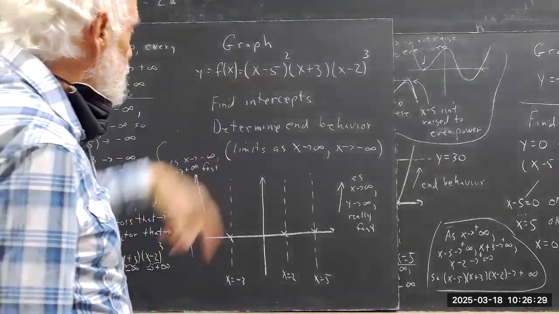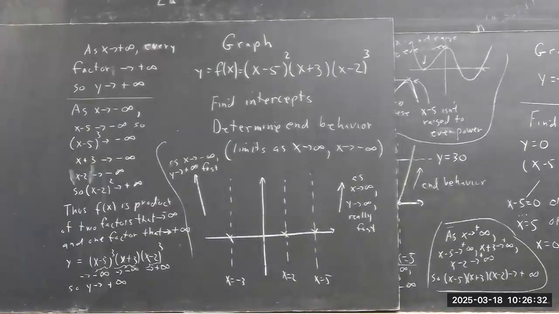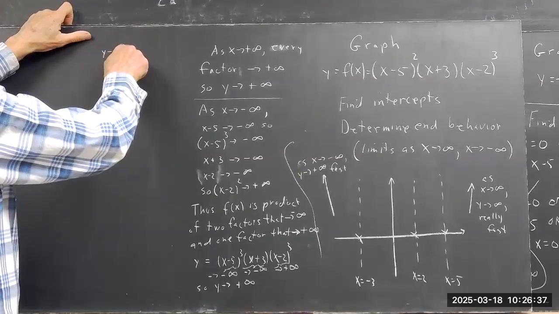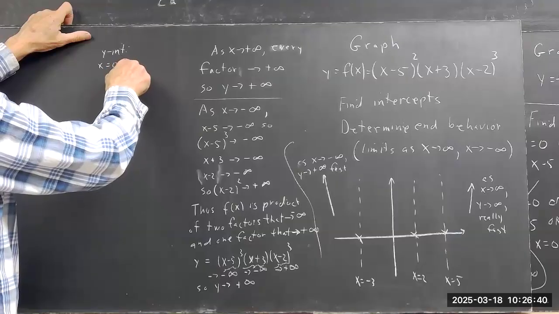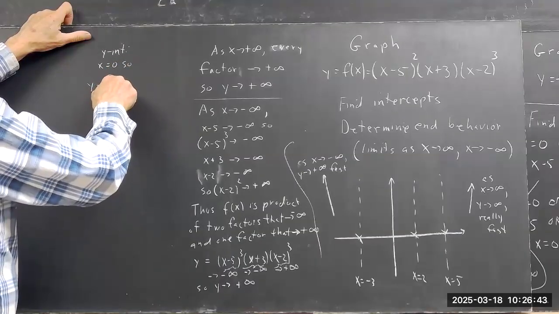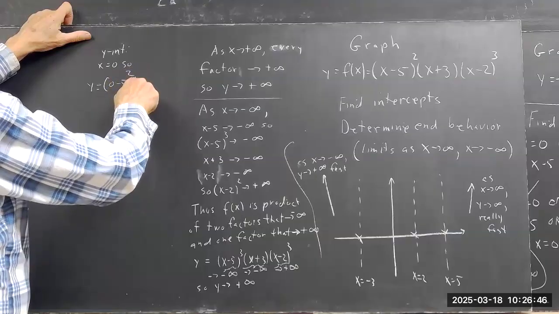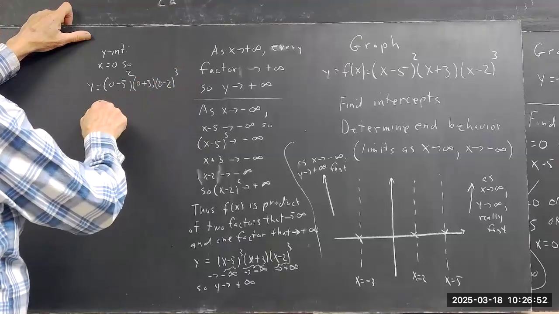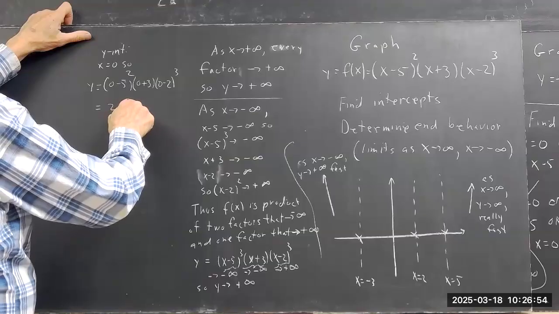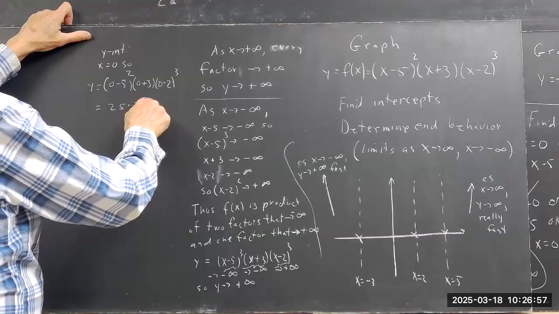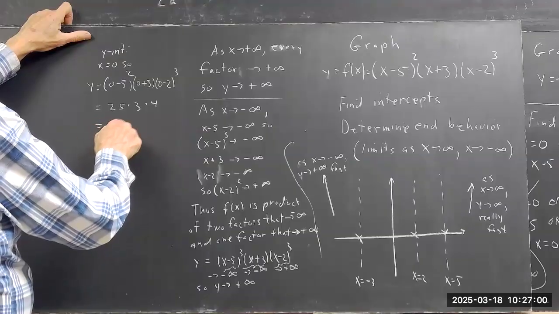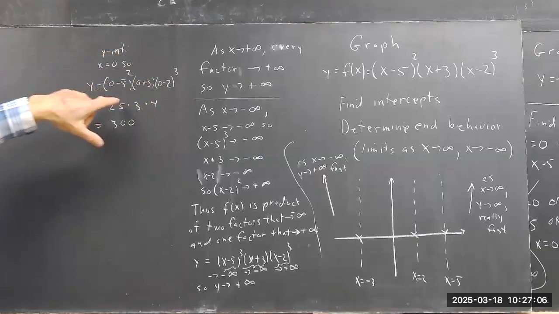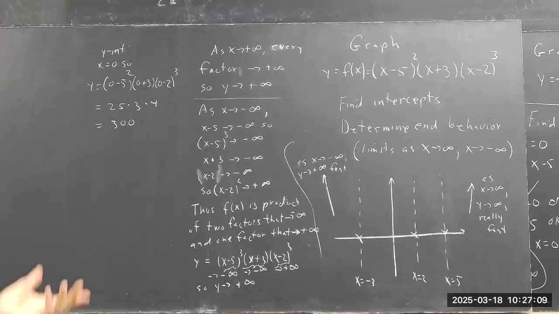Well, the y-intercept, you just plug 0 in for x, and you do the arithmetic, and you find that y equals 300.